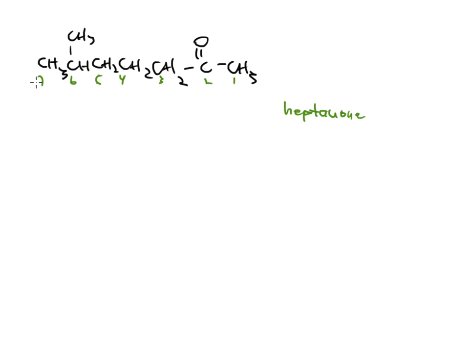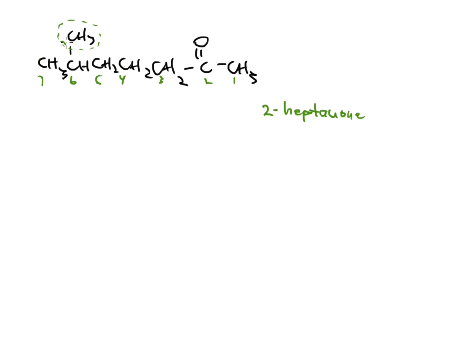All right, so now that we know that we have a 7-carbon chain, it's a heptanone. Well, it's really a 2-heptanone because that is where my ketone group is located. So 2-heptanone, but we're not yet done, because we have not named this piece of the molecule. That's not part of the longest carbon chain.